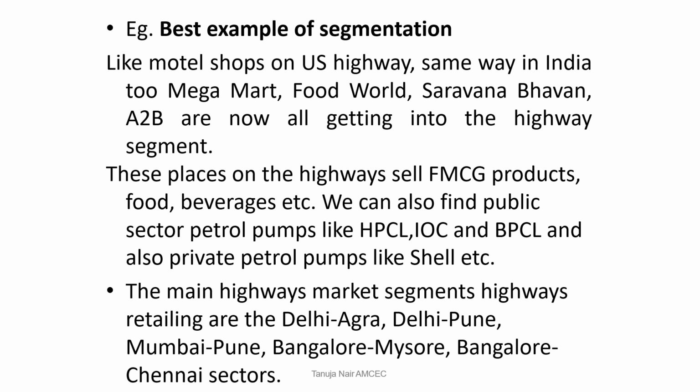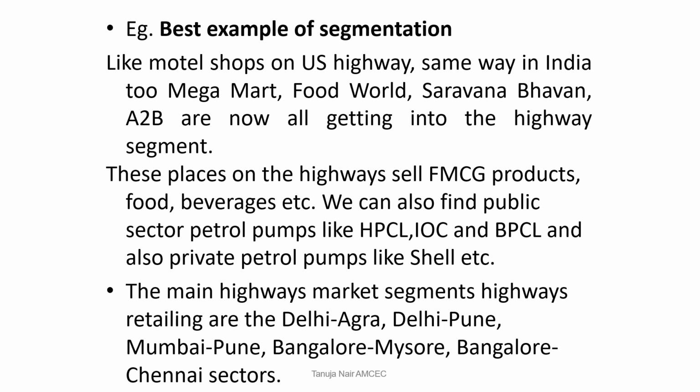You find hotels, you find restaurants like Saravana Bhavan, Food World A to B. You find supermarkets selling FMCG products and beverages. You find petrol pumps, which are both public sector petrol pumps and private petrol pumps like Shell.